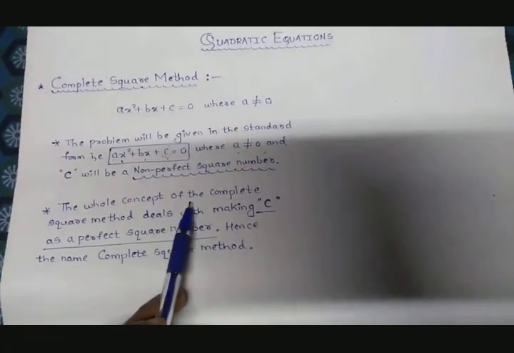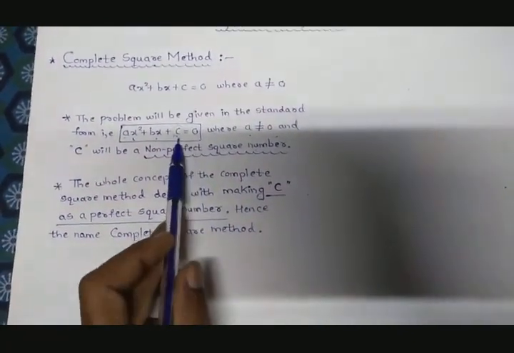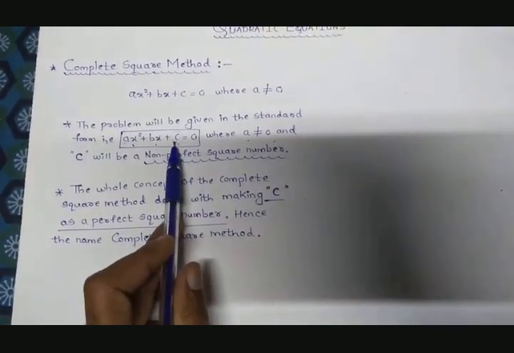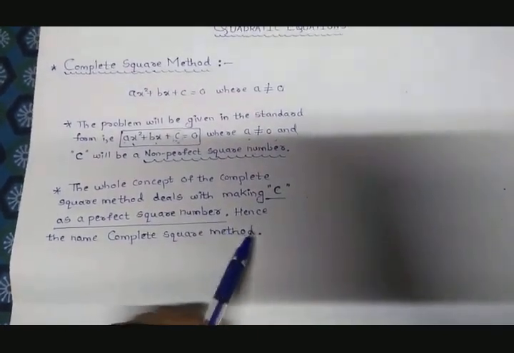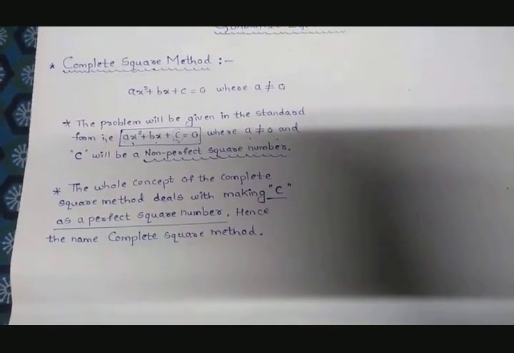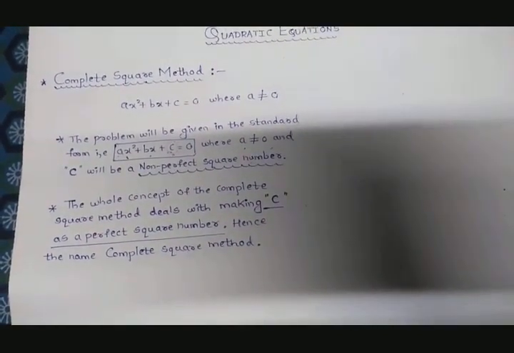So the whole concept of the complete square method deals with making the constant c, which is a non-perfect square number, a perfect square number by using the methods that we will be discussing right now. So I hope what we mean by the complete square method is clear.